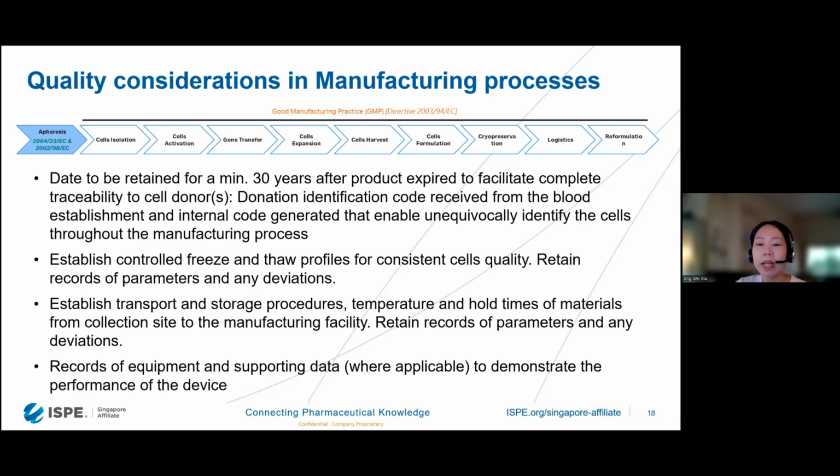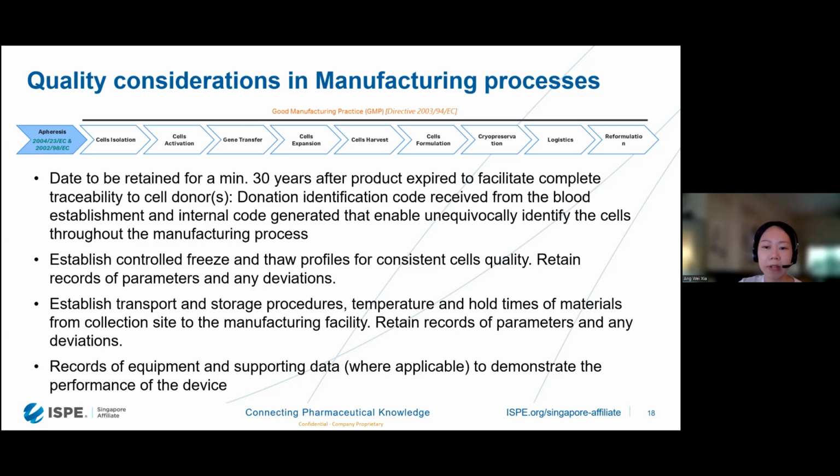The cell structural integrity may be at risk due to poor freezing and thawing methods. The freeze and thaw profile should be established for consistent cell quality. The process parameters should be documented and retained, including any process deviation.